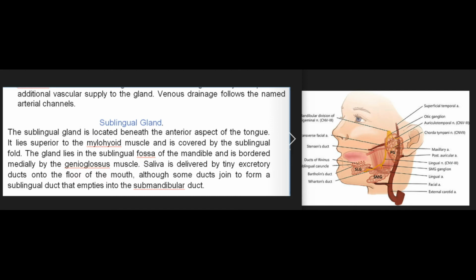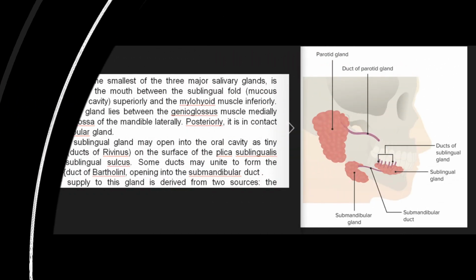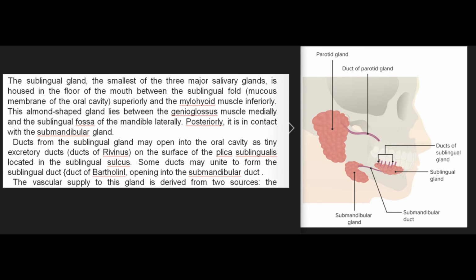The sublingual gland, the smallest of the three major salivary glands, is housed in the floor of the mouth between the sublingual fold, mucous membrane of the oral cavity, superiorly and the mylohyoid muscle inferiorly. This almond-shaped gland lies between the genioglossus muscle medially and the sublingual fossa of the mandible laterally.